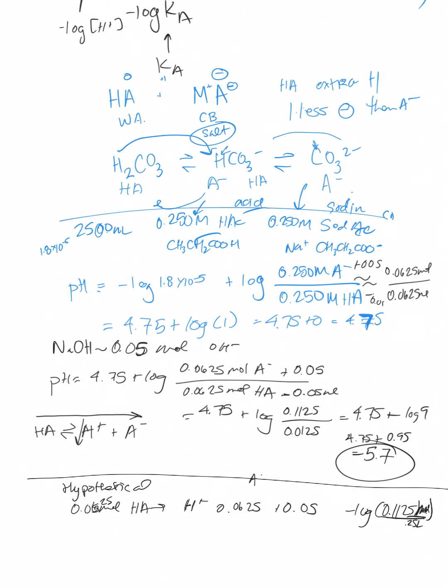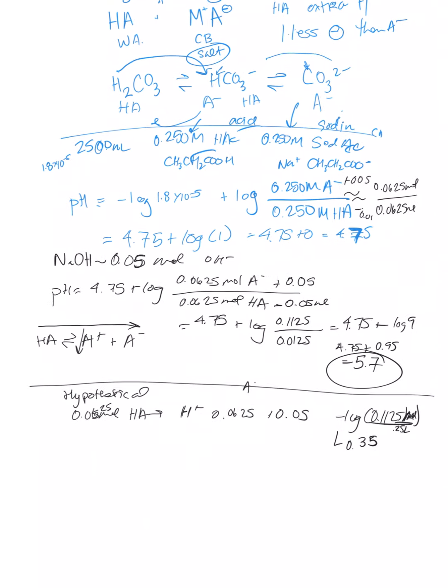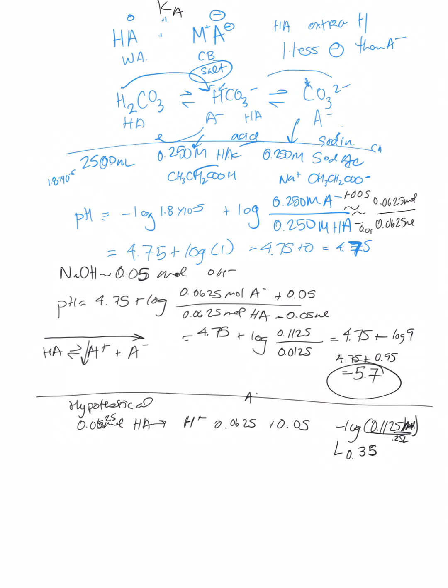Okay, so if we take 0.1125 divided by 0.25, minus log of our answer, if you go through and do that, that's a pH of 0.35, okay?